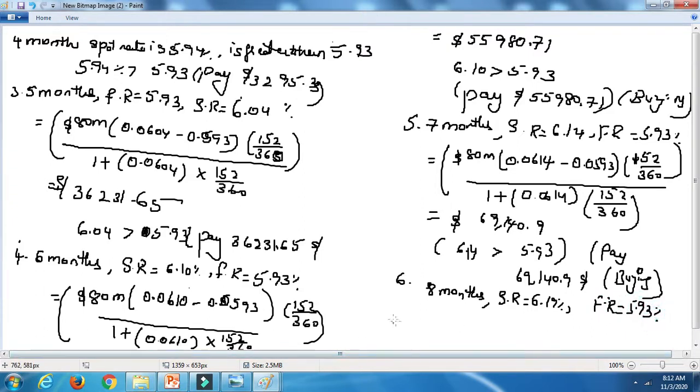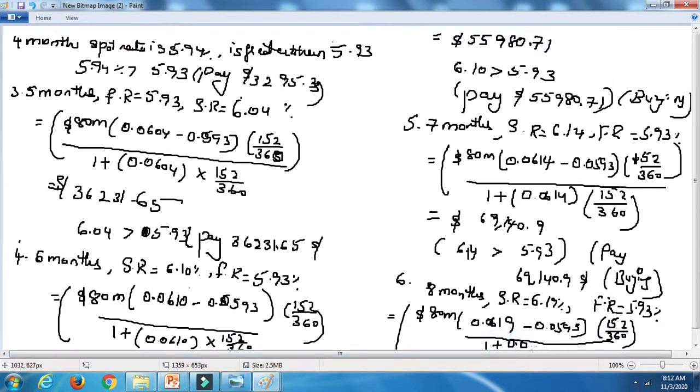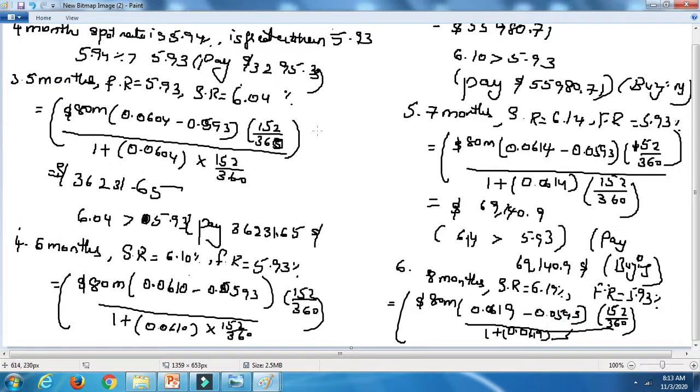So here also we'll do it in the same manner. $80 million into 0.0619 minus 0.0593, 152 divided by 360, whole divided by 1 plus 0.0619 into 152 divided by 360.